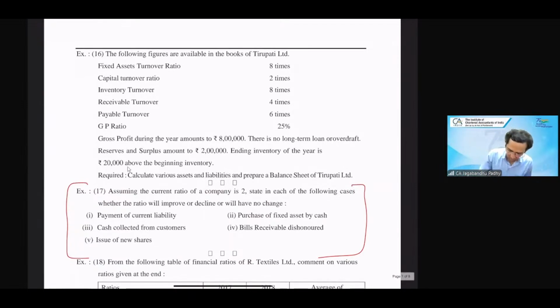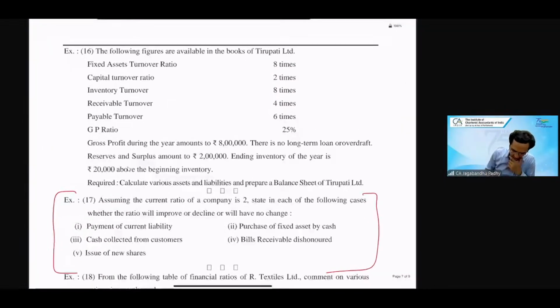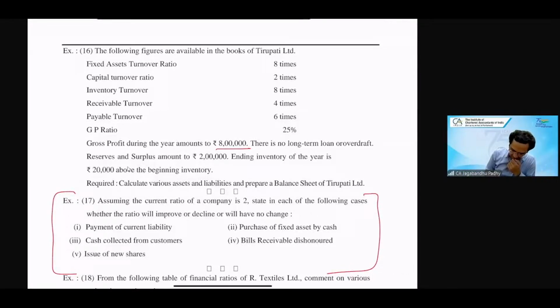First, did we use the fixed asset turnover? No, we start our calculations using the GP ratio. From the GP ratio, you can get the sales value. What is the value of sales? 8 lakh divided by 25%, which is 32 lakhs.